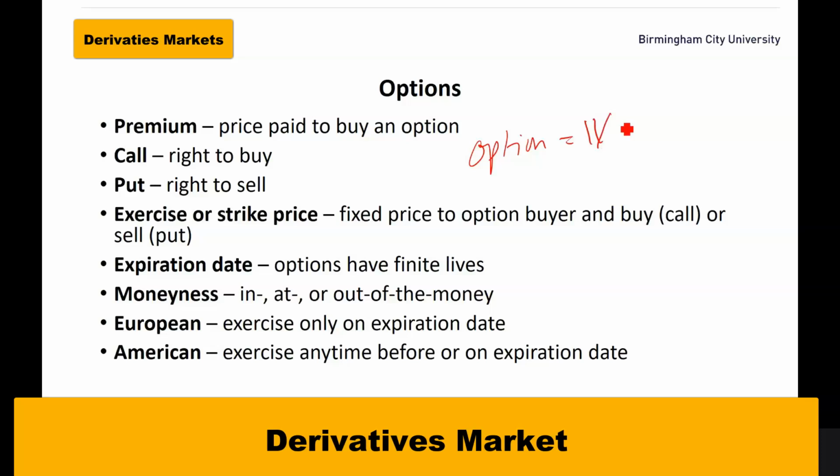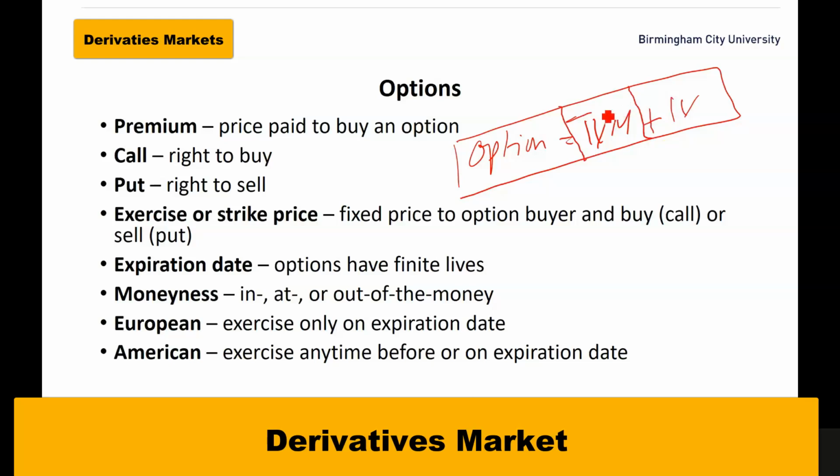One is the time value of money, and the other is the intrinsic value of the call or the put option. So when we talk about the valuation of options next week, we will see that the value of an option is the sum of these two. That is the time value of money and the intrinsic value. So the concept of moneyness is important for this bit. And we will learn how the time value of money is derived for call options and put options later.